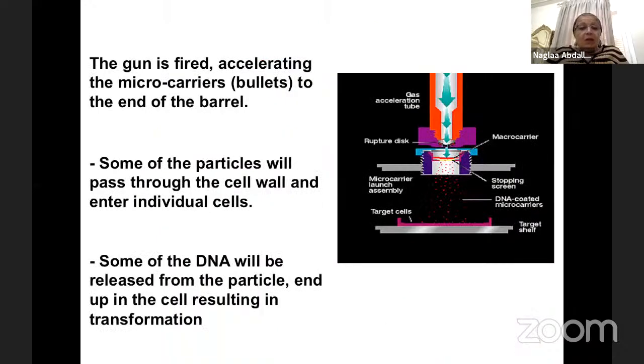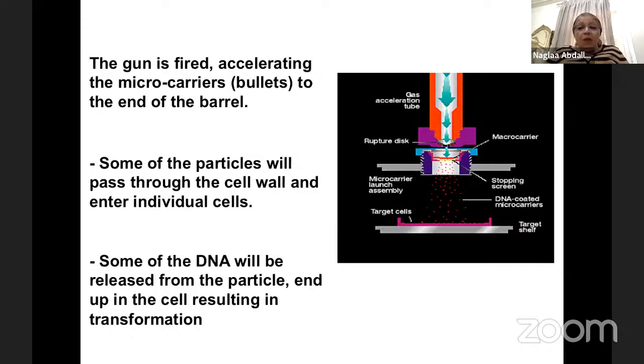So through the gene gun, when it's fired, the microcarriers which carry the DNA will enter randomly into the cells. Some of them will remain in the cytoplasm, some of them will enter the nucleus, but a very small amount will enter into the chromosomes. So the efficiency of transformation with the biolistic gun is not as efficient as Agrobacterium, because we lose a lot of DNA in the cytoplasm and in the nucleus without integrating into the chromosome.